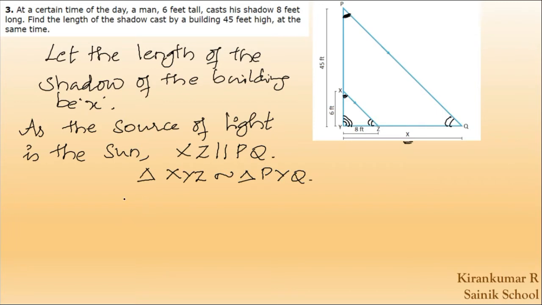When the triangles are similar, the ratio of the sides will be equal. So I can consider XY upon PY equal to YQ upon YZ.